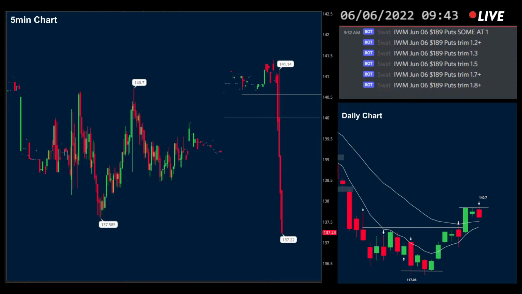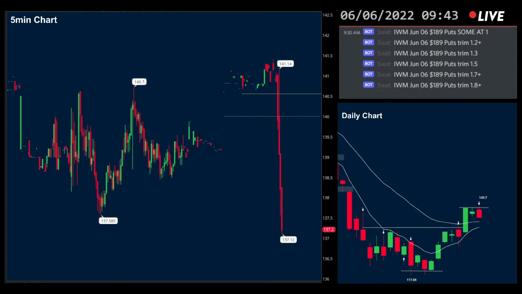Very ugly on Boeing, on bear flow. Really ugly action on Boeing, guys. So careful.